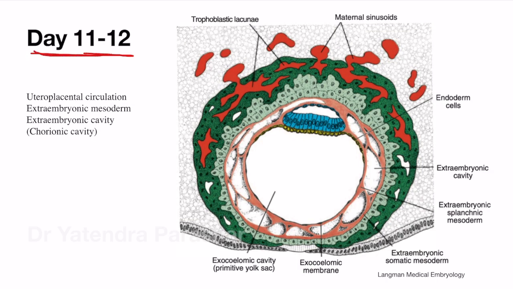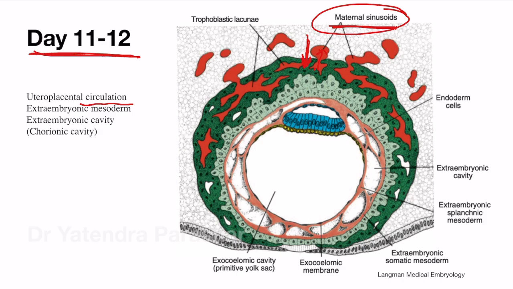On days 11 and 12, uteroplacental circulation is established. These lacunae reach the maternal blood vessels or maternal sinusoids, and uteroplacental circulation has been established on day 11 or 12.